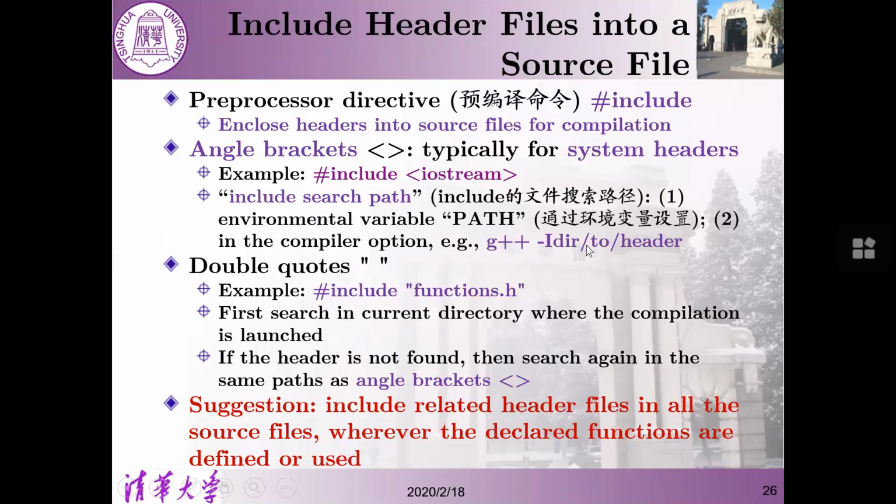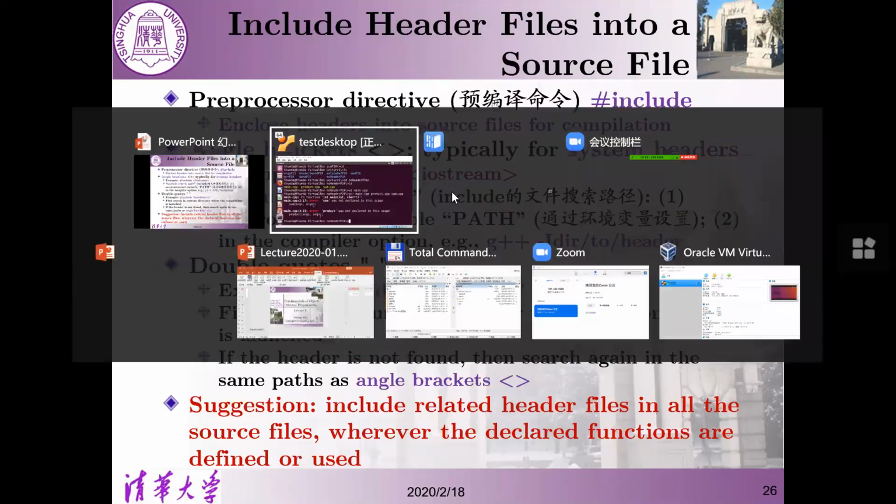So this option tells the compiler to find the file in this directory. It will not modify the path environment variable, okay? There's no space. It's -I, then the directory. Okay, maybe we will have some demo now.